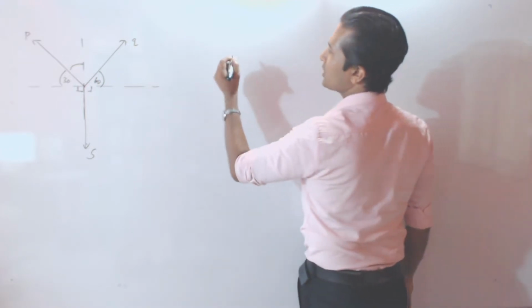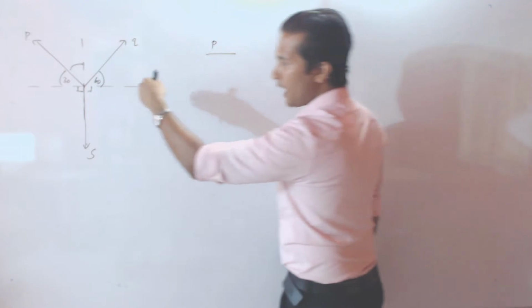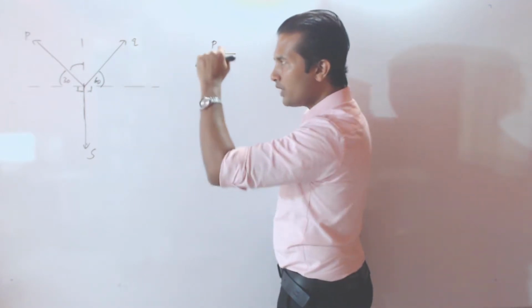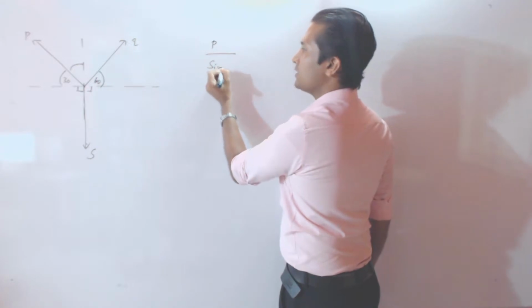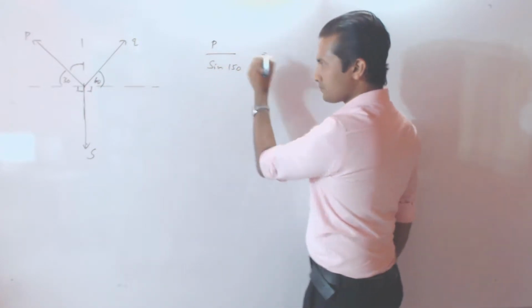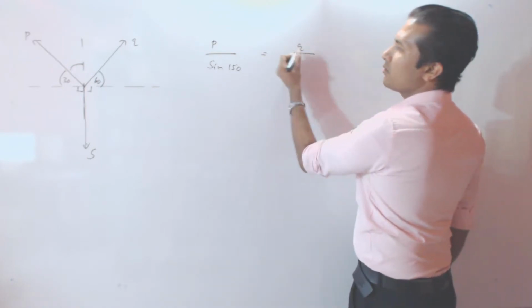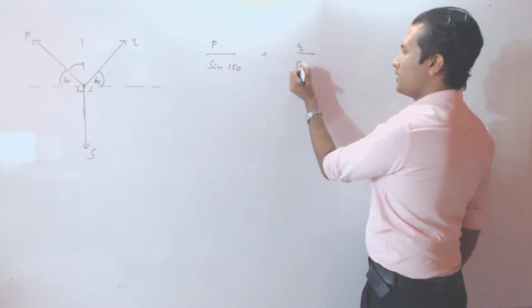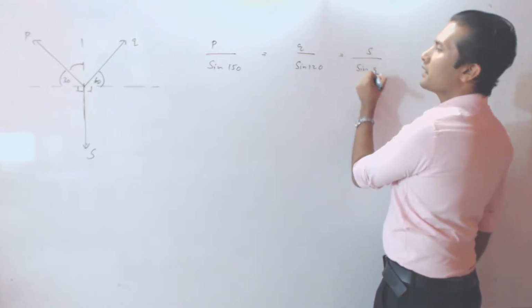So according to Lami's theorem, P divided by sine of the angle in between Q and S, that is sine 150, should be equal to Q divided by sine 120 and S divided by sine 90.